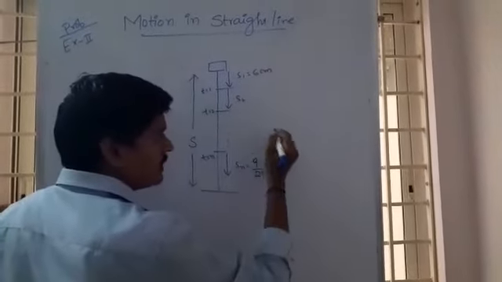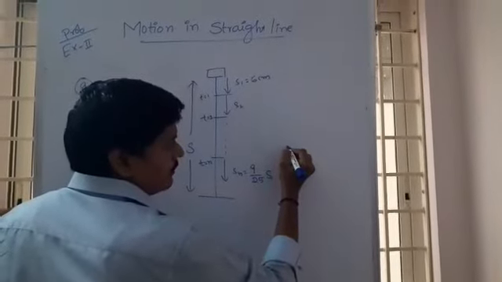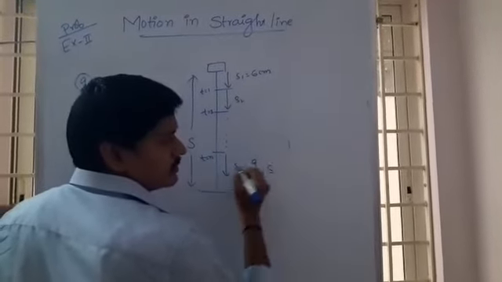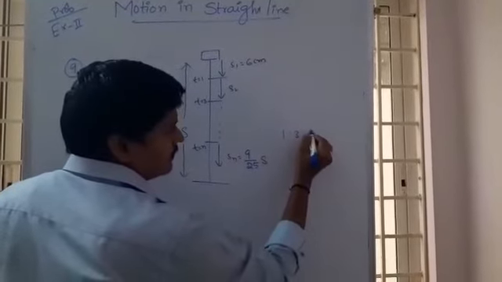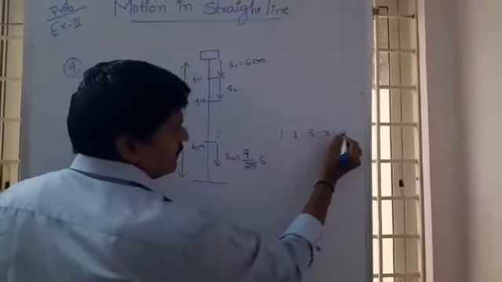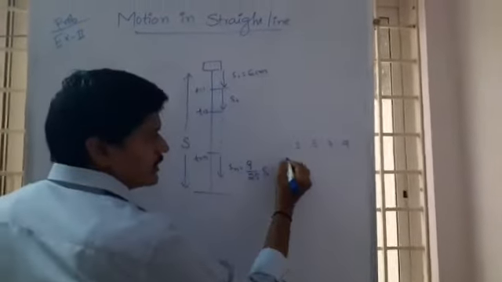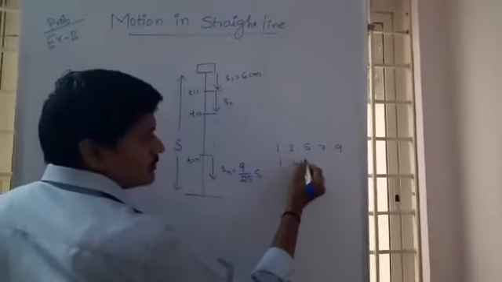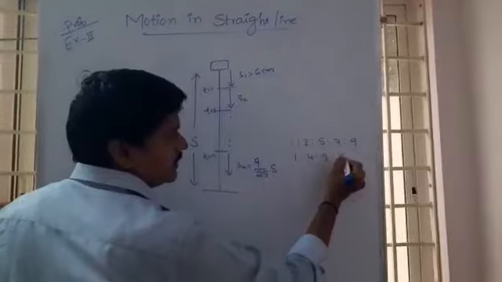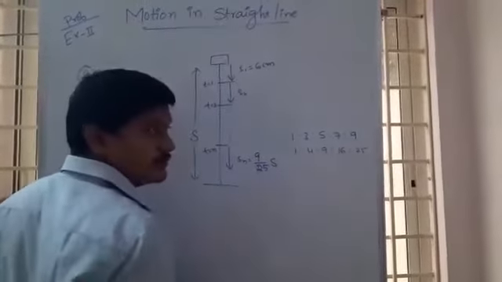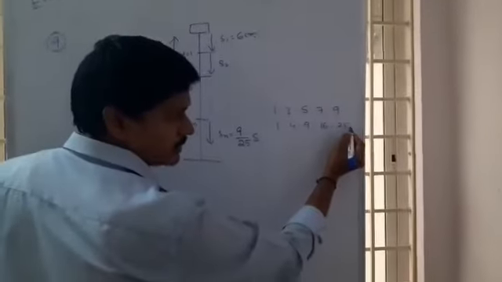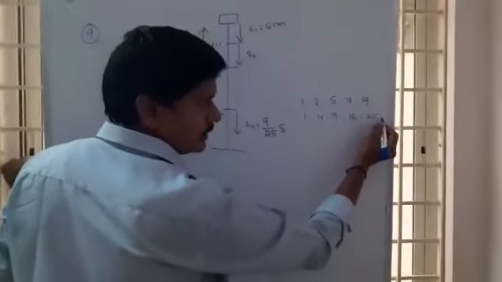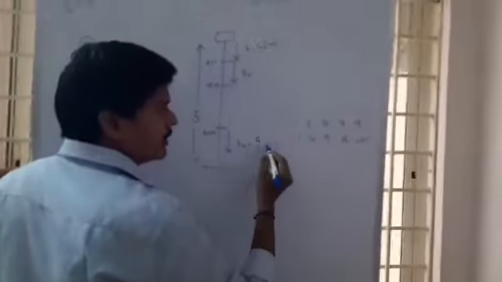You know that formula: 1, 3, 5, 7, 9, and next 1, 4, 9, 16 and 25. This is the distance covered in successive intervals. This is the distance in the total interval.